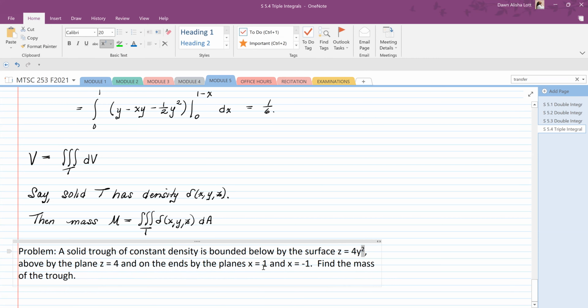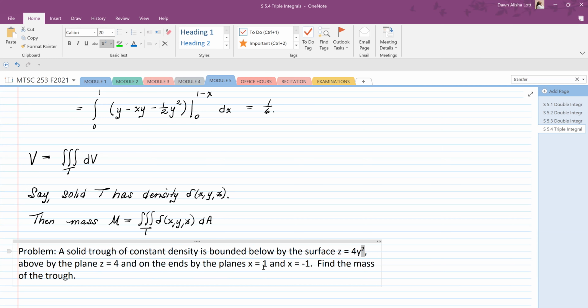Okay, so you have this trough, which is like something that holds stuff. And it is bounded above by the surface z is equal to 4y squared, below by the plane z equals 4, and on the ends by the planes x equals 1 and y equals -1.